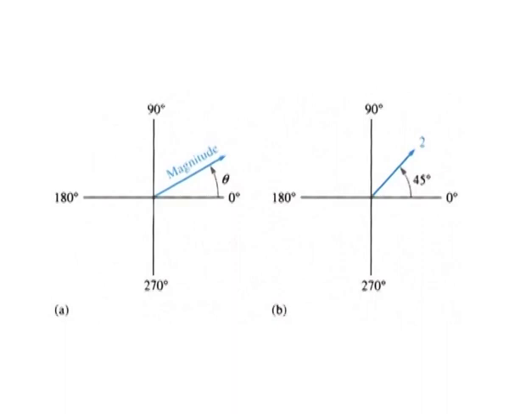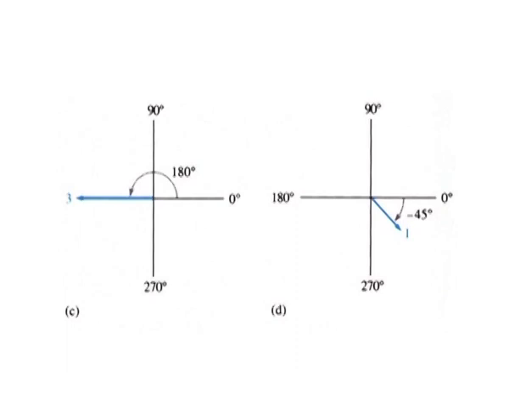The length of the phasor arrow represents the magnitude of a quantity. The angle theta represents the angular position as shown in part A for a positive angle. The specific phasor example in part B has a magnitude of 2 and a phase angle of 45 degrees. The phasor in part C has a magnitude of 3 and a phase angle of 180 degrees.